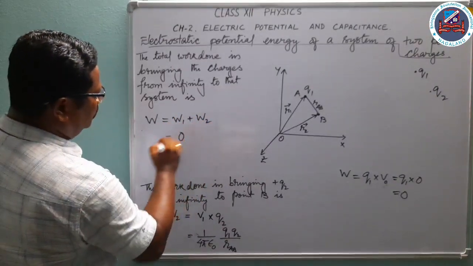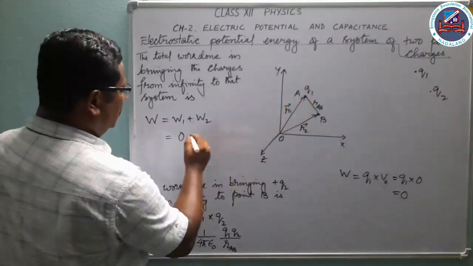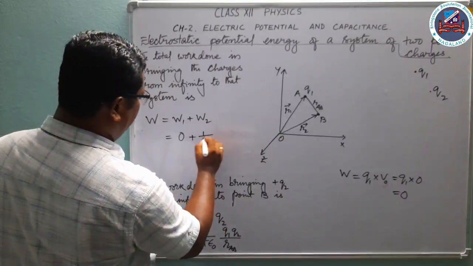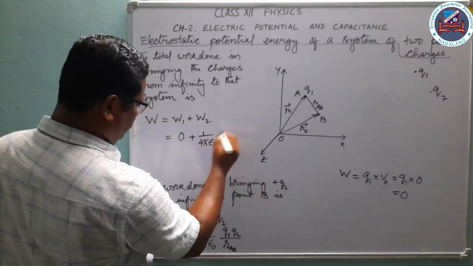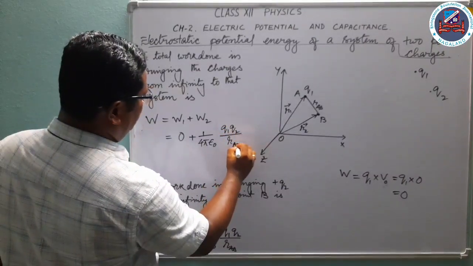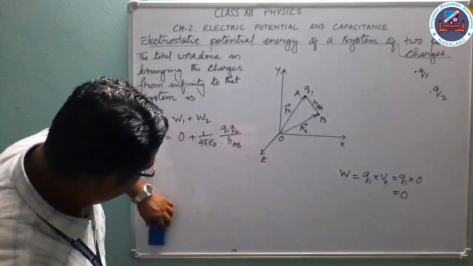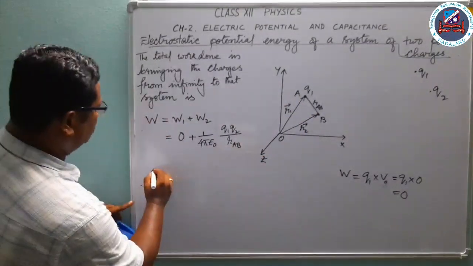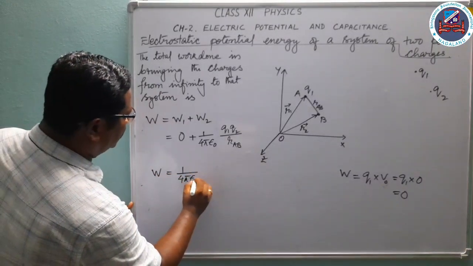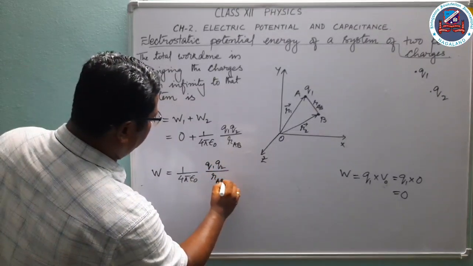W1 you got 0, the work done bringing the unit charge Q1, and W2 is here 1 by 4 pi epsilon naught Q1 Q2 divided by distance RAB, distance between the two charges. So ultimately you get the work done W is equal to 1 by 4 pi epsilon naught Q1 Q2 divided by RAB.